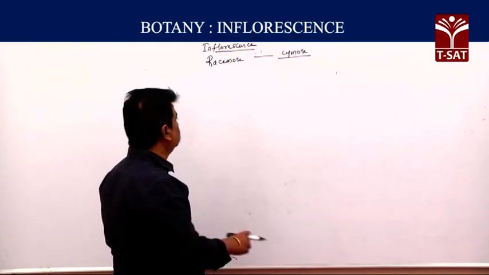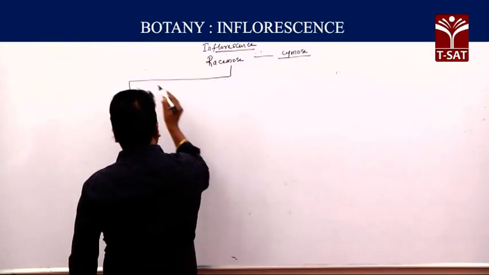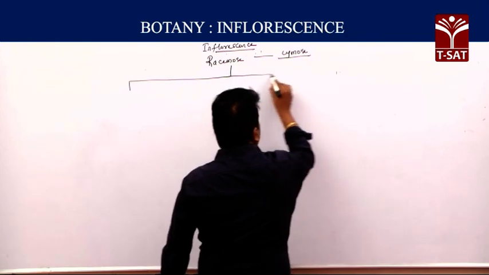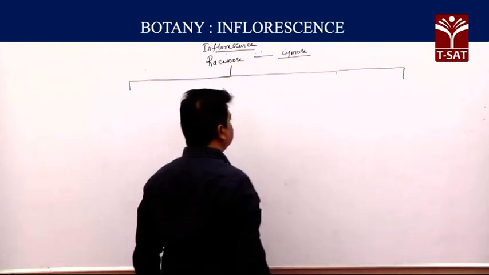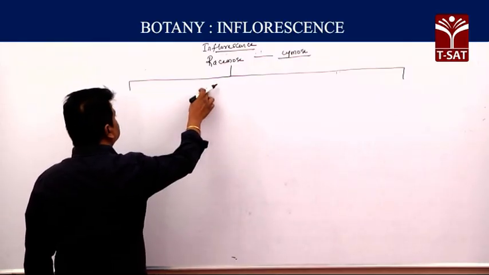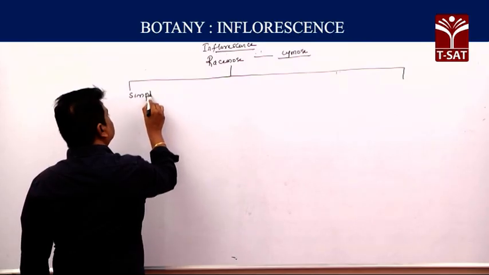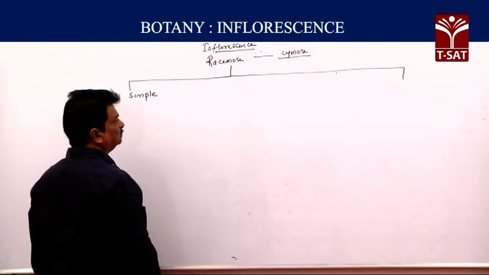Racemose inflorescence is of two types. In racemose, if the peduncle is unbranched, it is called simple.